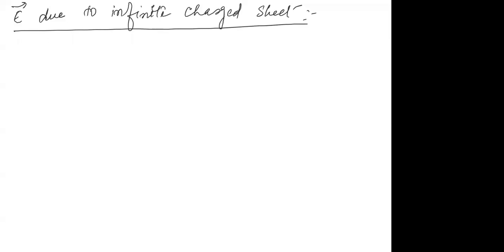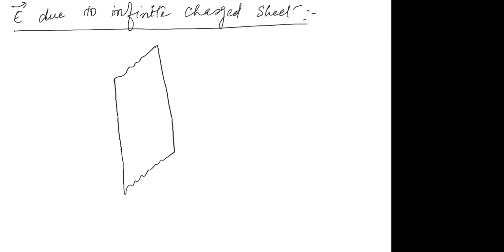Yes, let's go. Now see, infinite charge sheet you can assume is obviously a very thin sheet. You can assume it as a paper of your book, simply considered as a sheet. And this sheet is infinite. Infinite means its size can be assumed as infinite in comparison to the distance at which you are finding the value of electric field.